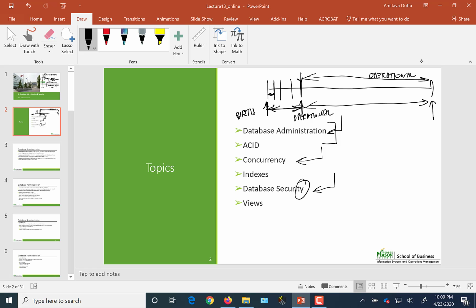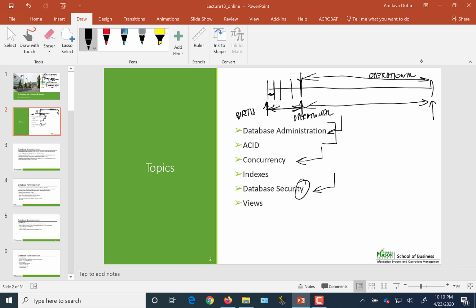So another major technical issue that one has to worry about during the operational phase of the database is that it's almost never the case that one person works with the database. All practical databases, whether it's a hospital database, an airline database, a hotel database, a database for a university, any practical database that you can think of that an organization runs on, will be used by hundreds of users at the same time.